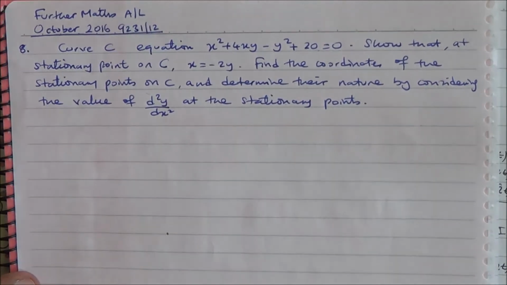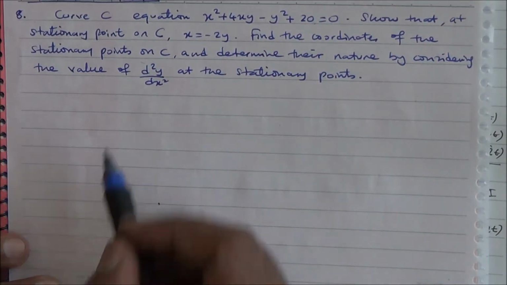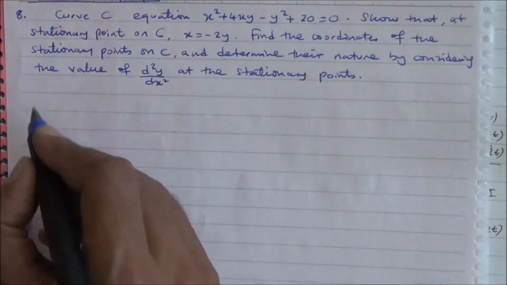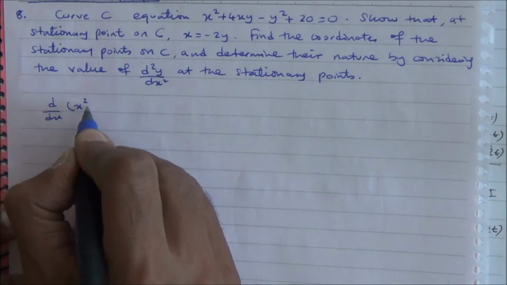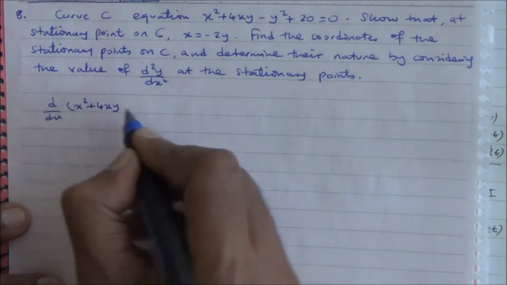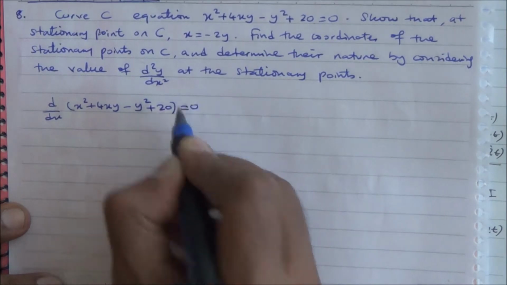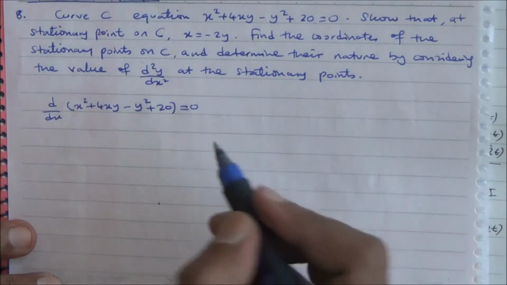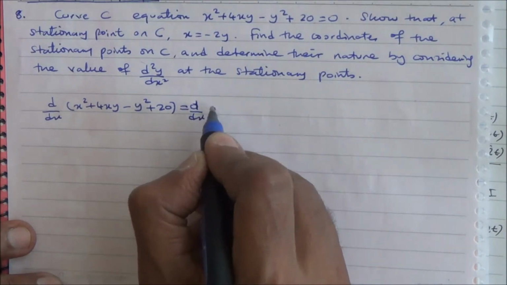Okay, let's begin by differentiating using implicit differentiation. So we're going to differentiate this. Therefore, d/dx of x squared plus 4xy minus y squared plus 20 is equal to 0. Now, if we differentiate this, we're differentiating the 0 as well.